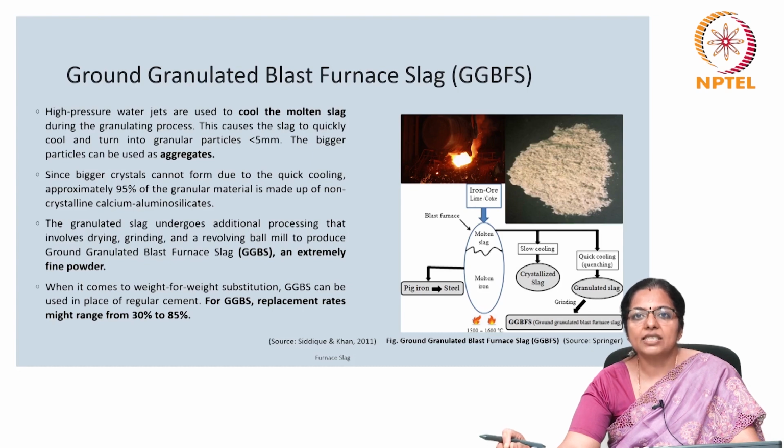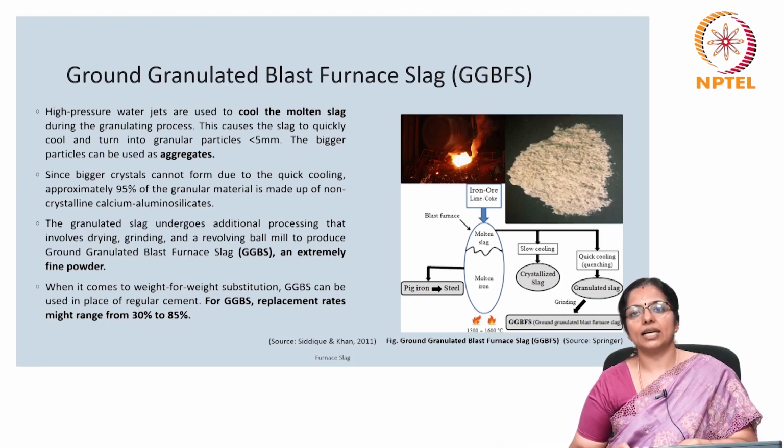Remarkably, it can substitute regular cement on a weight for weight basis with replacement rates ranging from 30% to 85%. This versatile material finds application in sustainable construction practices and contributes to the reduction of environmental impact in the building industry.